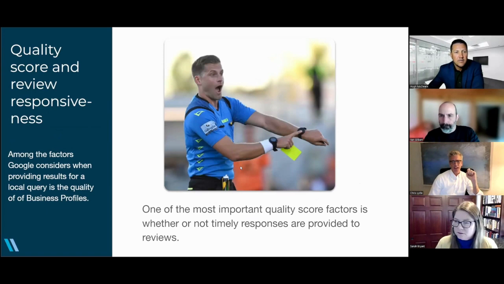So this is something I threw in there that's really important as well. Google looks at quality scores, and one of the things they look at when evaluating the quality of your listing is how quickly your reviews are responded to, positive or negative. So it's really important that you get to them quickly, particularly if it's a negative review.